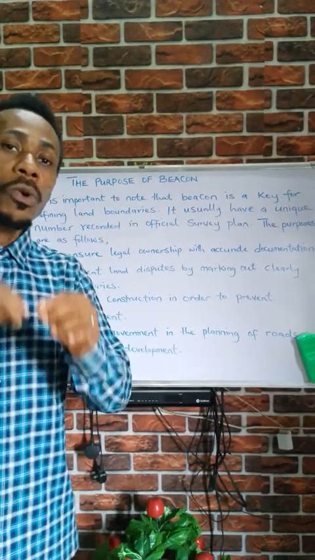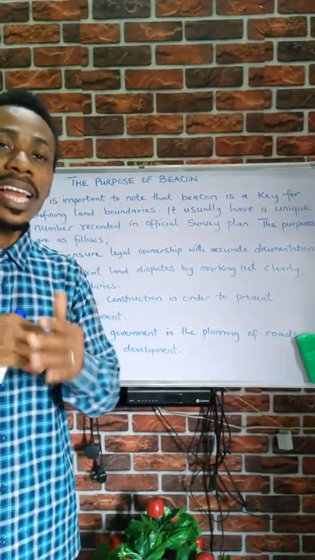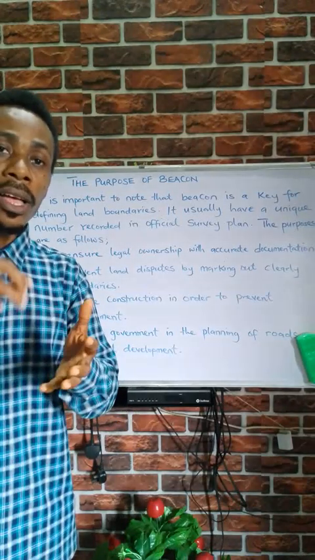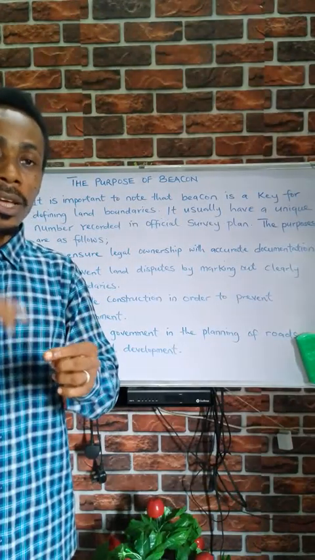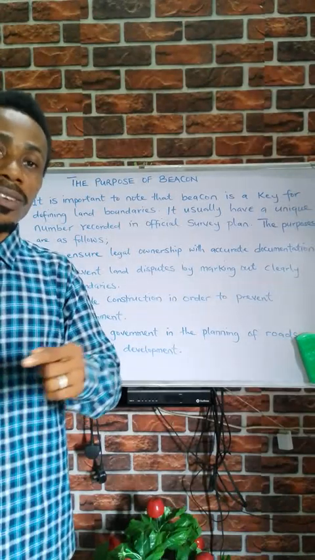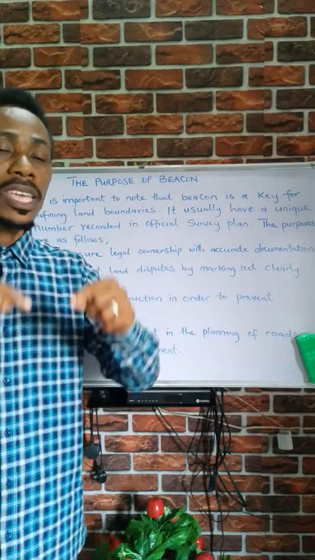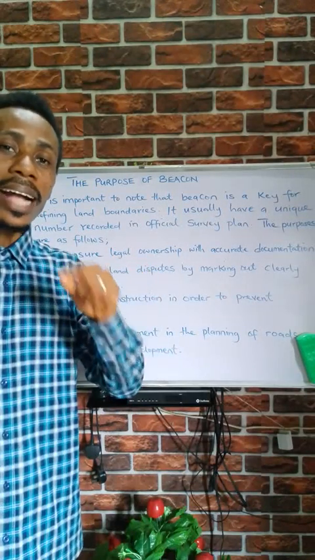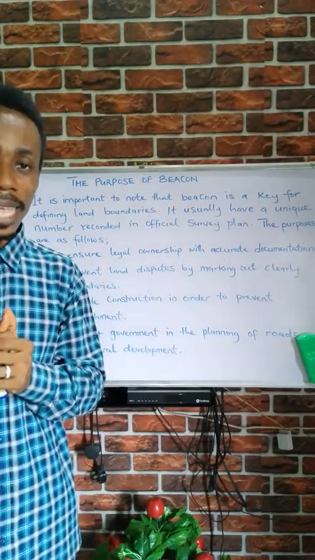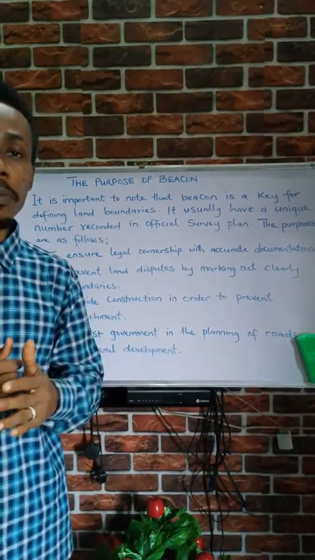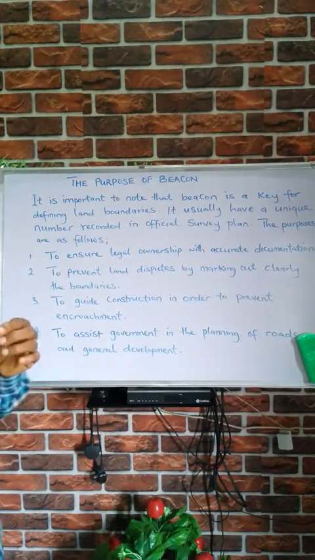Those numbers are usually reflected in the document, in the official survey plan. That number helps to give the actual definition of that land. So that is why, when you get your landed property, you must do surveying.